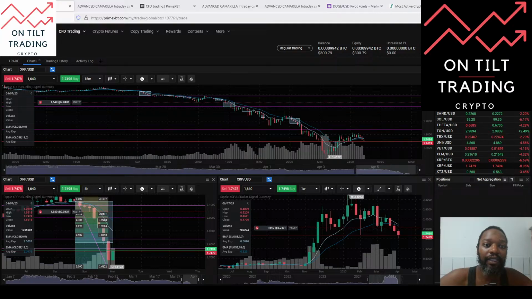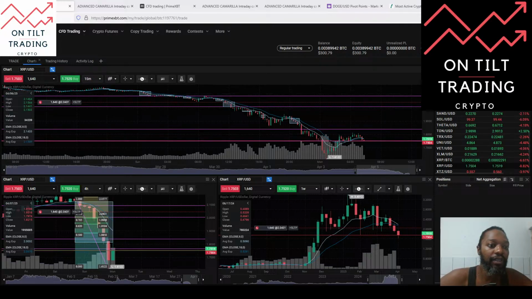There's probably the largest area with these two fair value gaps right here in this area. So this is where I would want to take an entry, and my stop being back here.